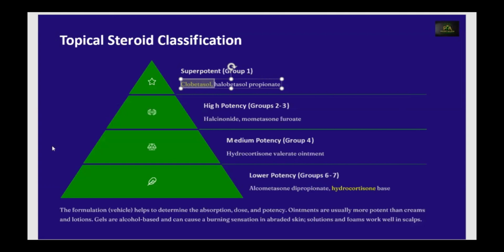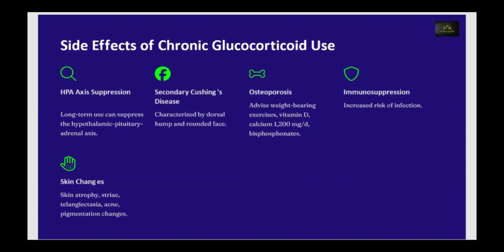So it's very important to know your steroid classification because you can be asked questions on that. Sometimes you see on the prescription, don't use more than 2 weeks, because it can cause more skin irritation when used for a longer time.